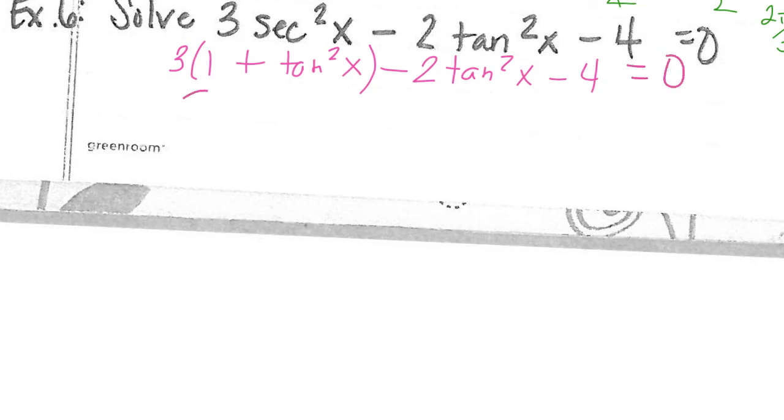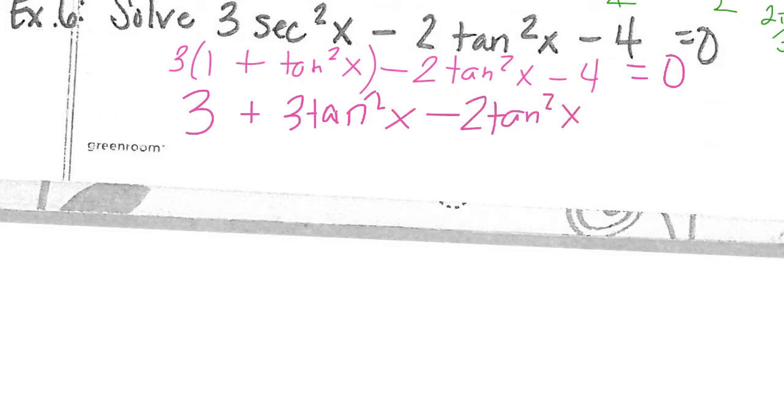I'm going to distribute: 3 plus 3 tan squared x minus 2 tan squared x minus 4 is equal to 0.